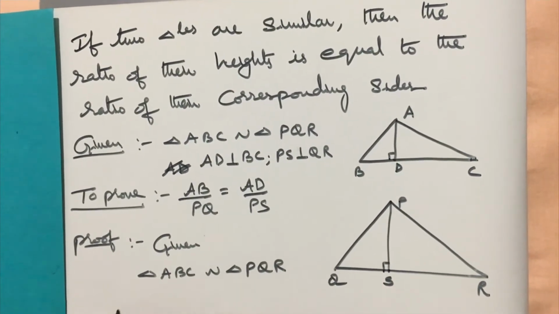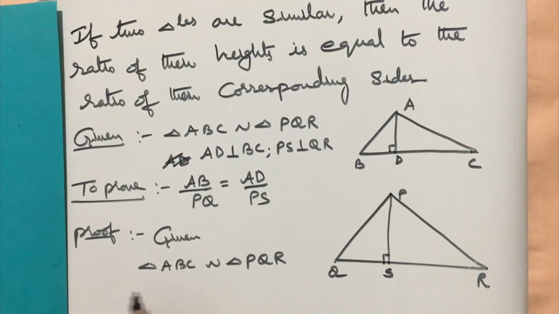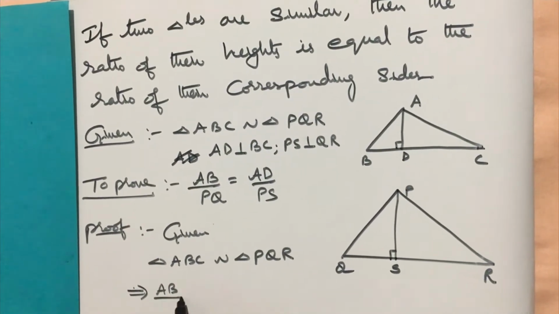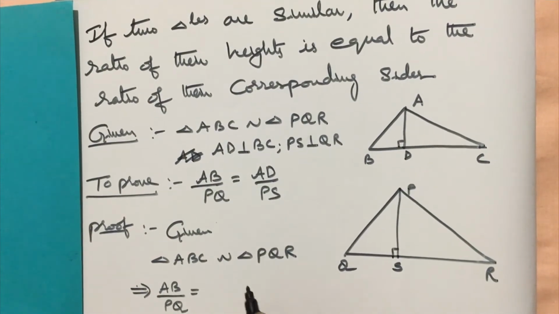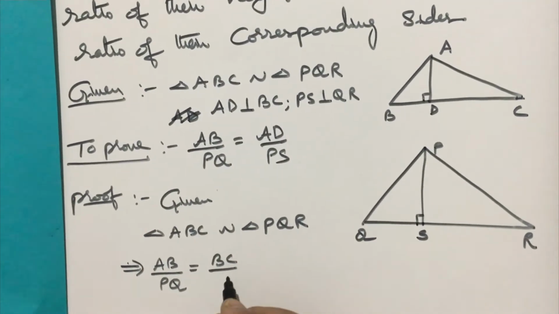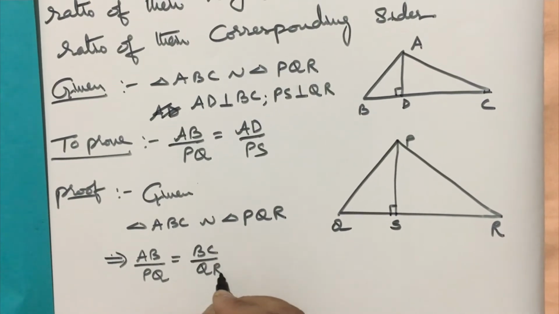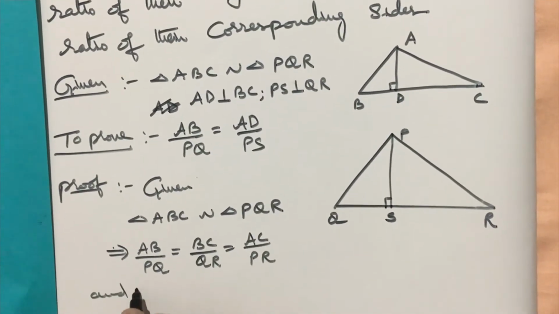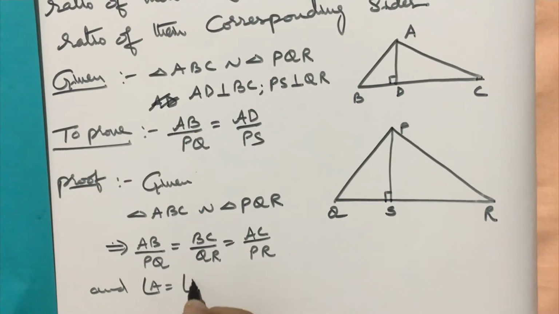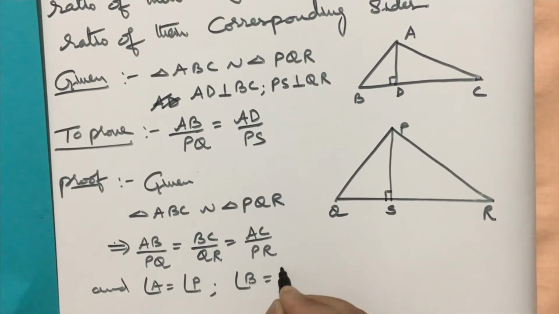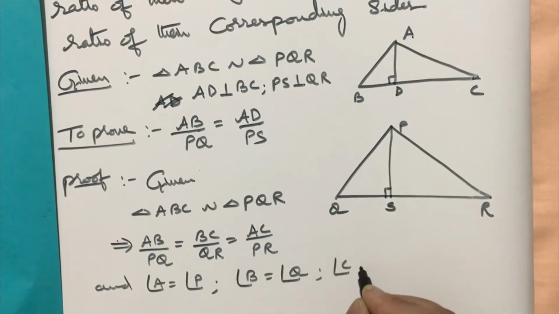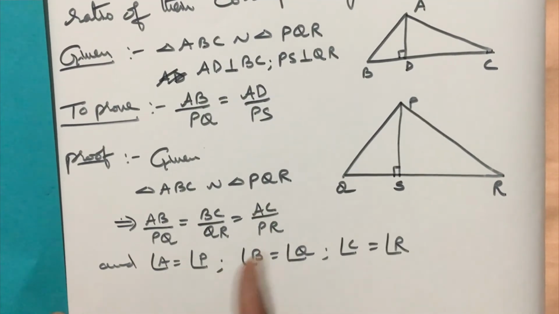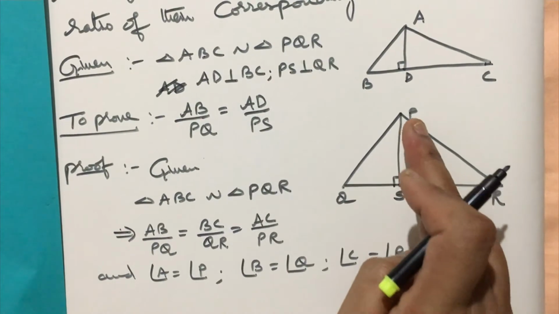So in it you can take it as implies AB by PQ is equal to BC by QR, that is equal to AC by PR, and as well as angle A is equal to angle P, angle B is equal to angle Q, and angle C is equal to angle R. Okay, so in it, now I am comparing the triangles ADB and PSQ.